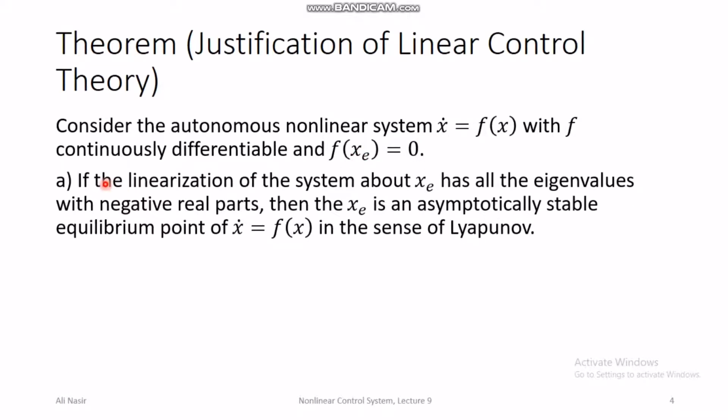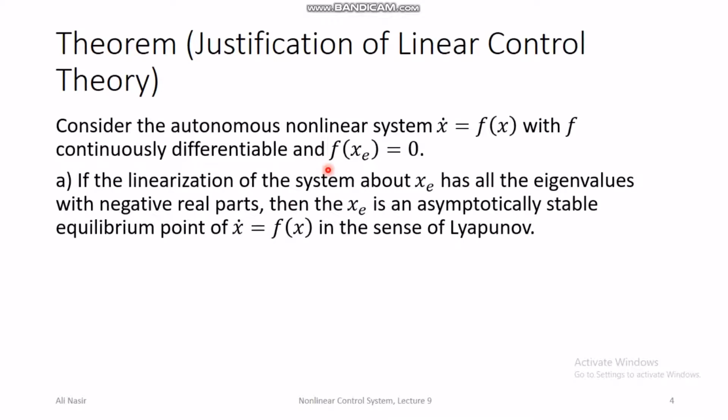If the linearization or linear approximation of the system about the equilibrium point has all eigenvalues with negative real parts, then the equilibrium point is asymptotically stable. Then xe is the asymptotically stable equilibrium point of x dot equal f of x in the sense of Lyapunov.